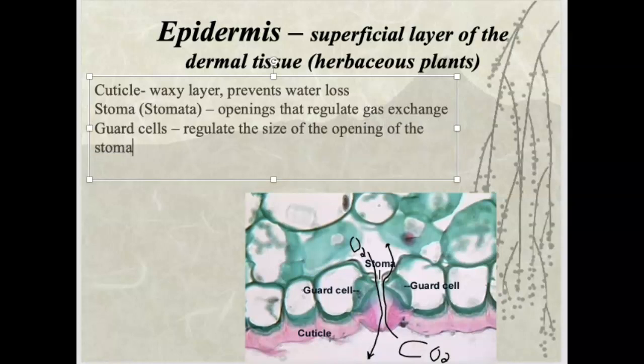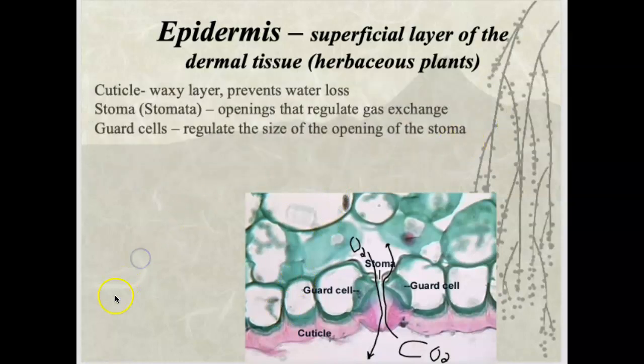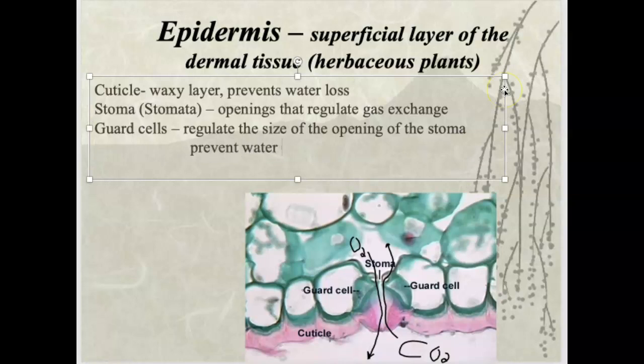Those guard cells are going to regulate the size of the opening of the stoma. During heat stress or hot and dry, the guard cells swell up and they actually close off the stoma to prevent water loss. That is the purpose and the primary function of those guard cells. They want to try to prevent water loss.